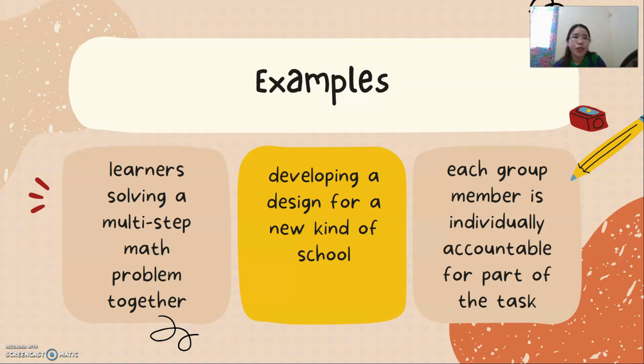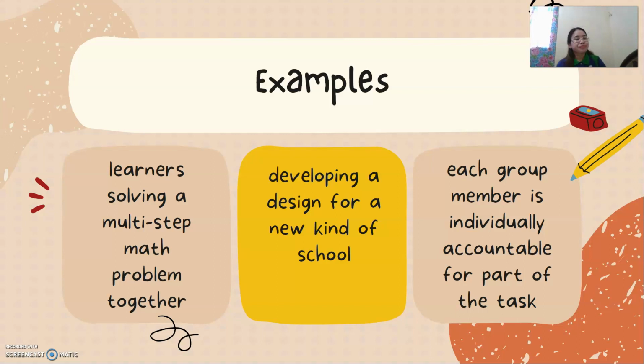Okay, unlike other individual groups or other activities, the students will not be accountable because they will just work together by themselves. So parang wala silang kailangang alalahanin whether they got a low score or not.